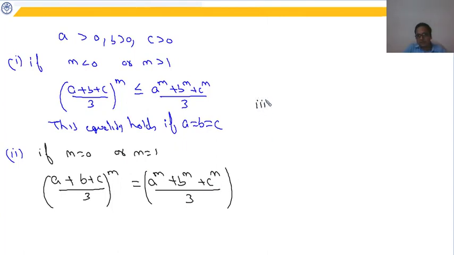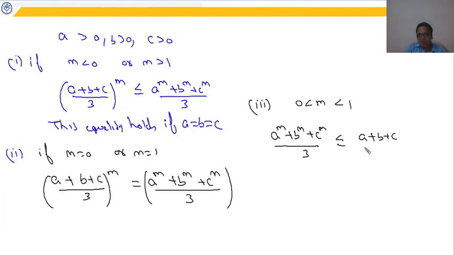Third case, if m is greater than 0 but less than 1, it lies between 0 and 1, we have (a^m + b^m + c^m)/3 is less than or equal to ((a + b + c)/3)^m.